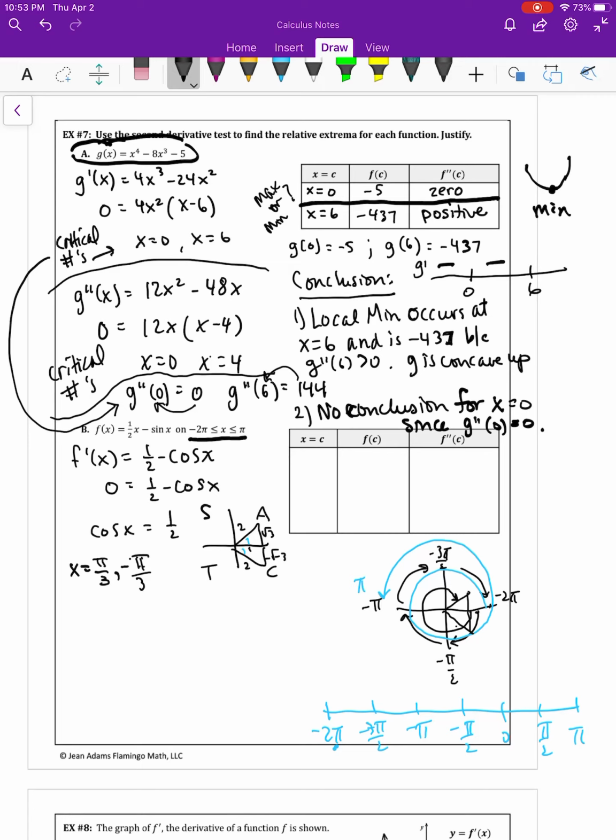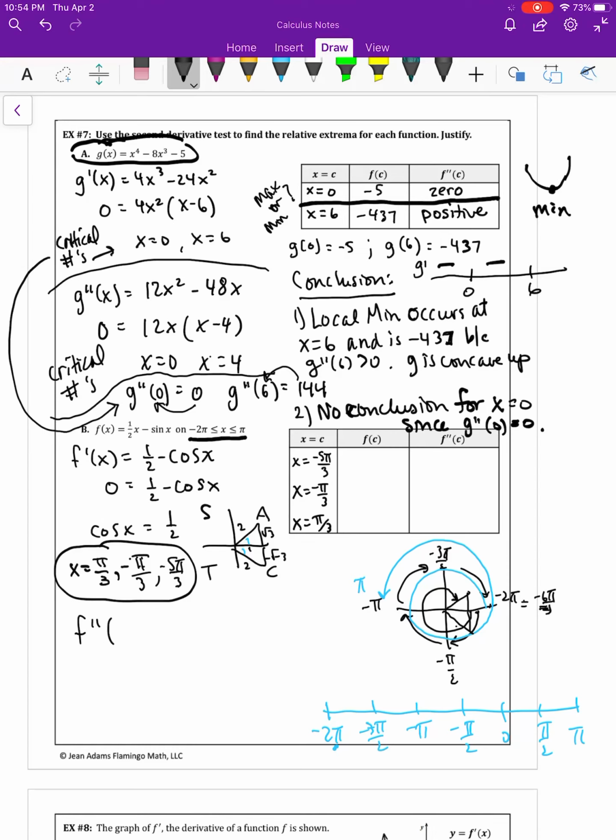If you went all the way around, negative 2 pi is negative 6 pi over 3, so it's 1 pi over 3 shy of that. So that is negative 5 pi over 3. So you've got negative 5 pi over 3, negative pi over 3, and pi over 3, but then you don't hit the fourth quadrant again. So you really only have these 3 critical points. And I'm just going to list them from smallest to largest: negative 5 pi over 3, negative pi over 3, and then positive pi over 3.